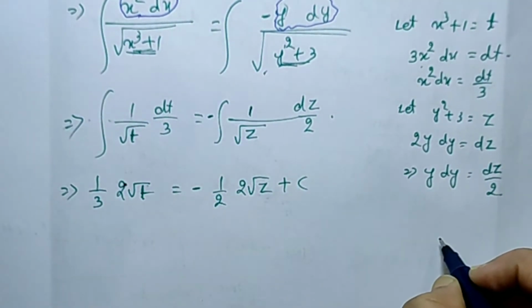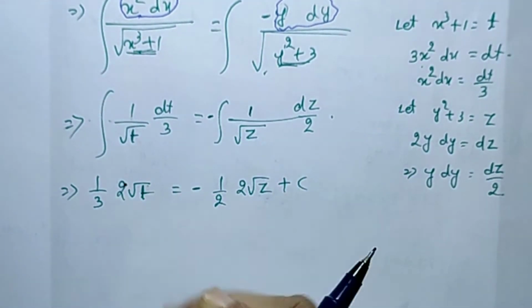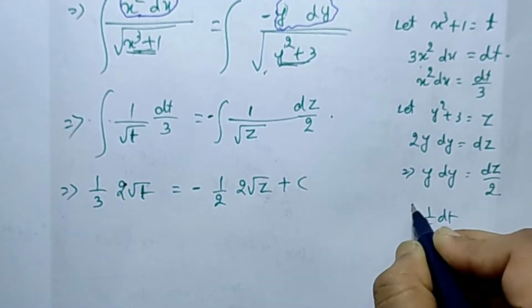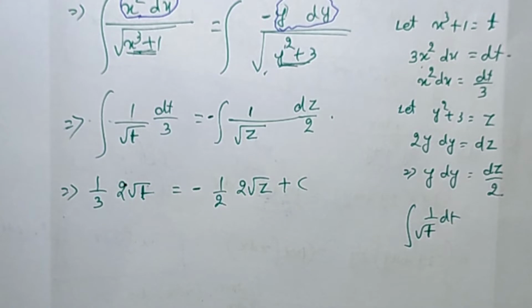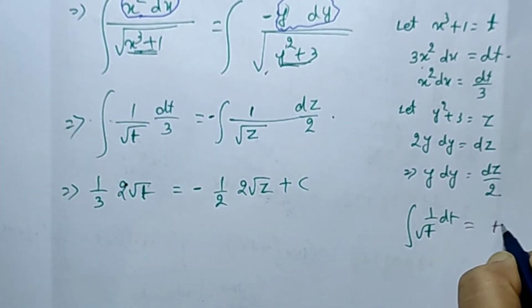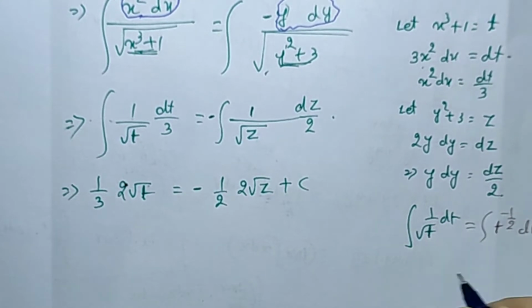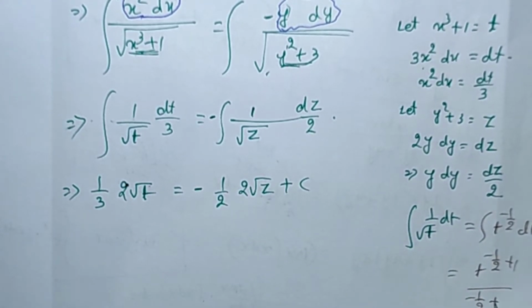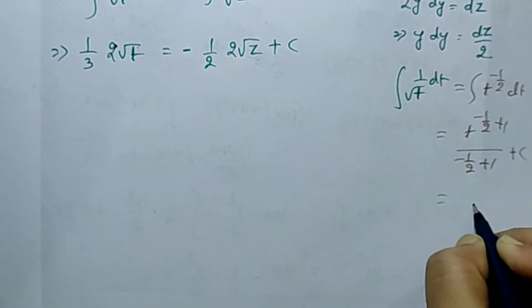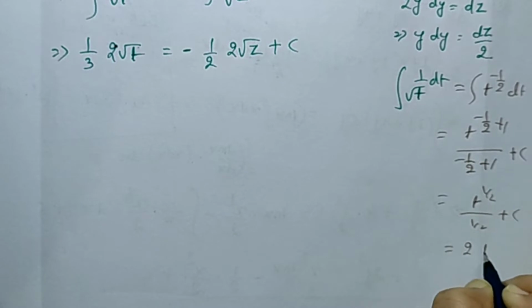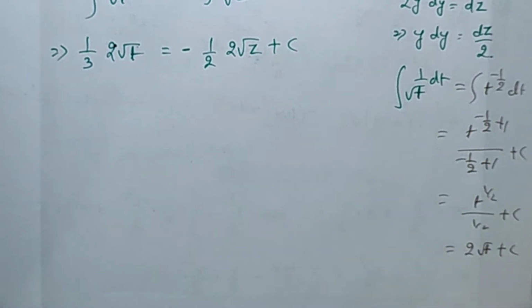Okay, this is a small trick that we have to memorize. 1 by root t dt integration means t power minus half dt integration. So t power minus half plus 1 by minus half plus 1 plus c. This is t power half by half plus c, that is 2 root t plus c.